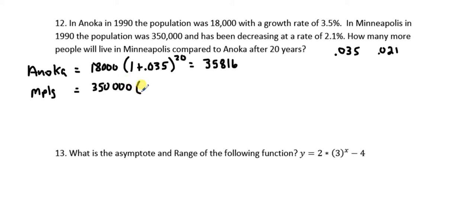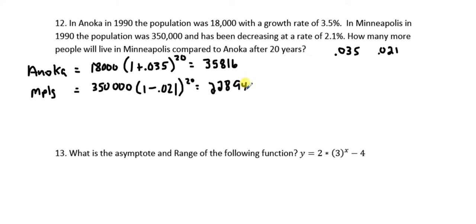And we're declining at a rate of 2.1%. So 0.021 for 20 years. And that equals 228,940.